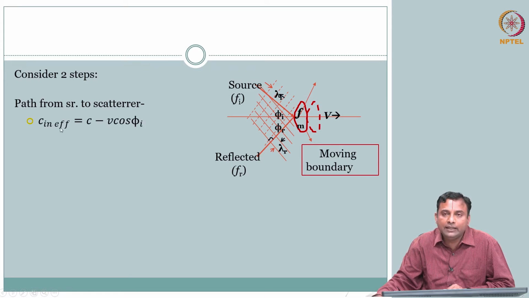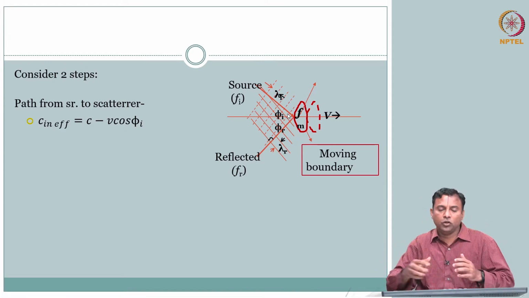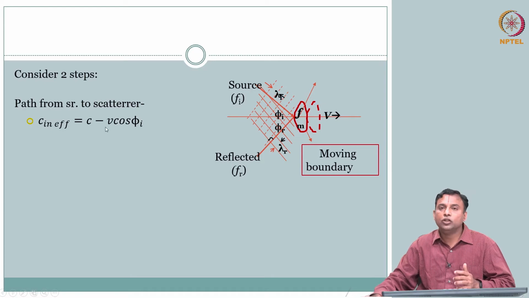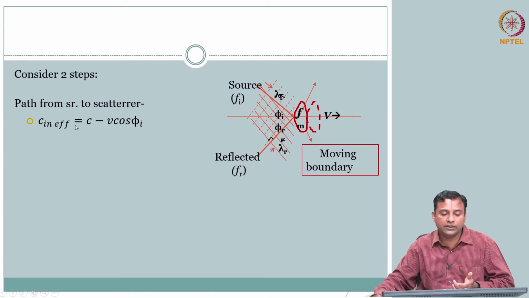That will be c in effective, which is c, without any relative motion, minus the component of v cos phi, correct. You are moving in this direction, the waves are arriving, so you are moving away while the waves are reaching. In some sense it is slowing down, at least you will feel that it is coming slower. So that is your c effective in.